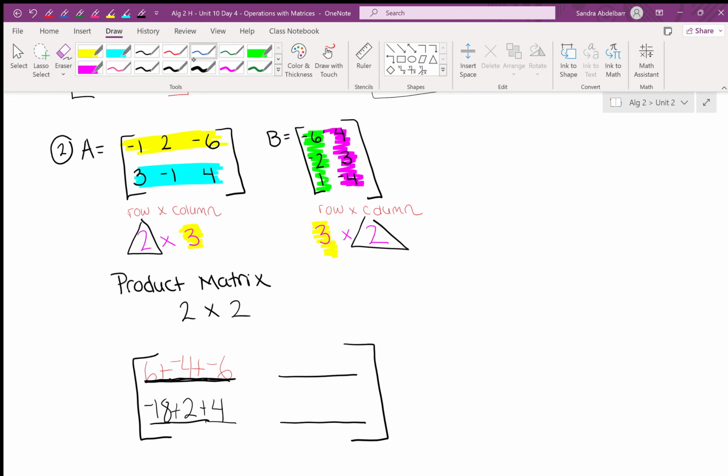So now we're going to have -1 times 4 is -4. 2 times 3 is 6. -6 times -4 is +24. All right, then go down. 3 times 4 is 12. Negative 1 times 3 is negative 3. 4 times negative 4 is negative 16.